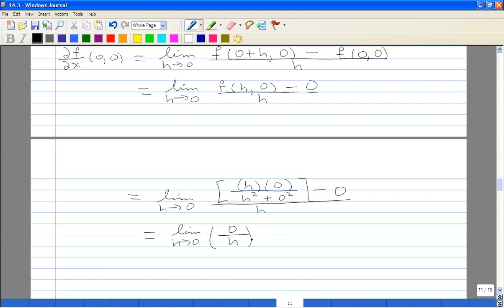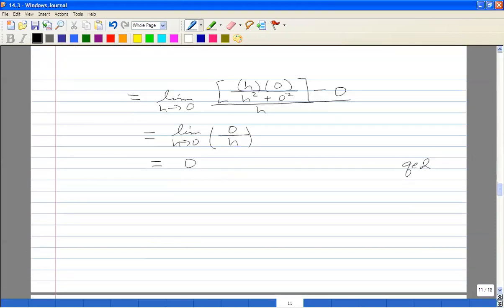Well, 0 over h is 0. The limit as h goes to 0 of 0 is 0. And that's what you wanted to show for the first part. Let's do the second part.